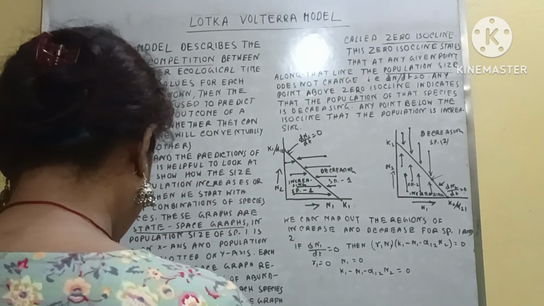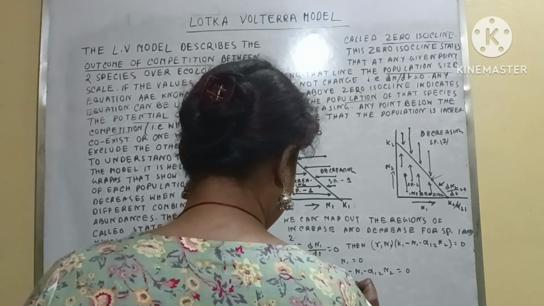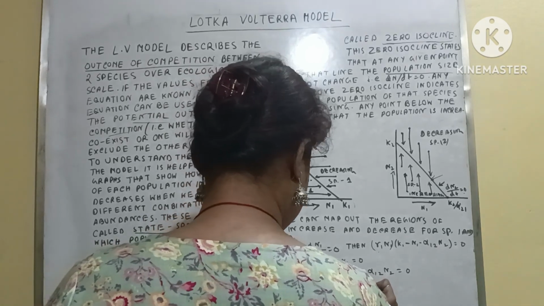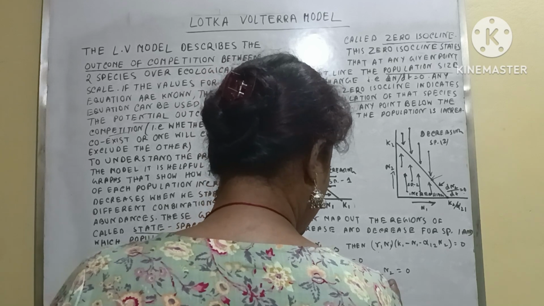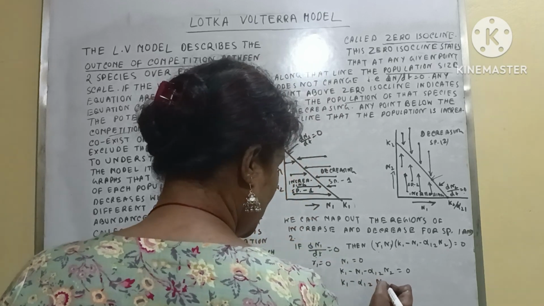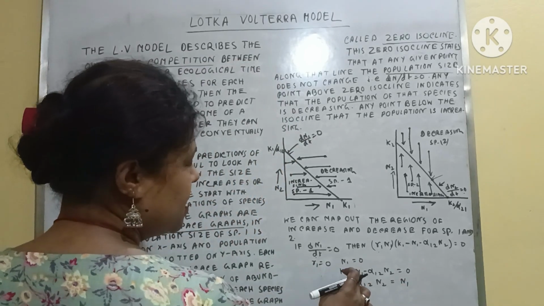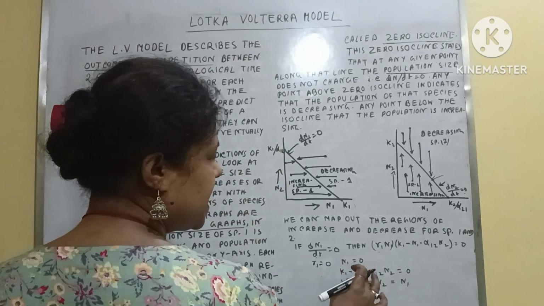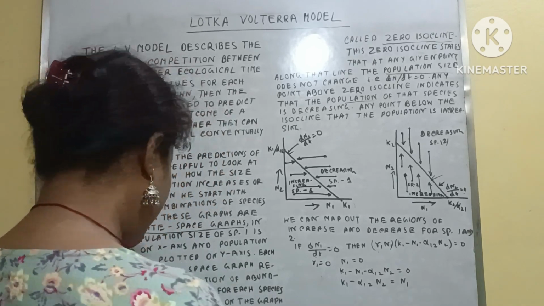Clear? Now we can write this equation in such a way: k1 minus alpha 1 2 n2 equals n1. We just send n1 to the right hand side.